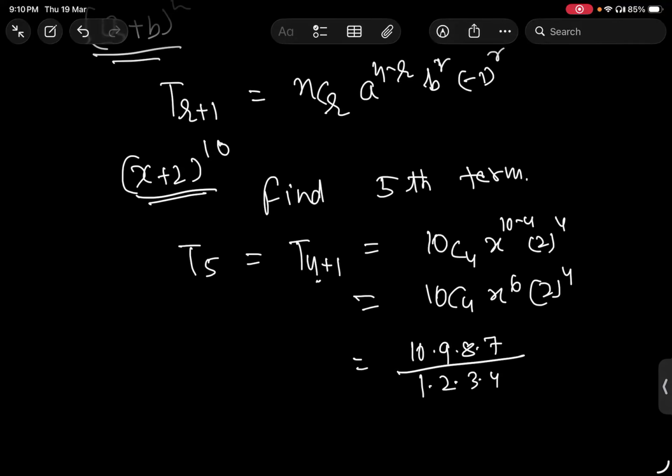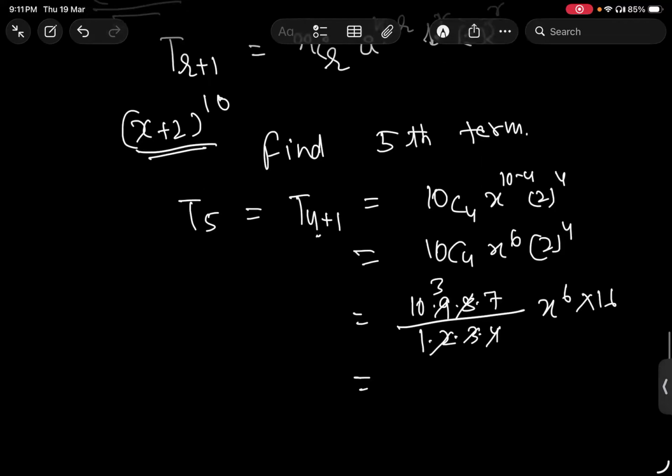This way, 4 twos are 8, 3 nines are 9, x to the power 6, and 2 to the power 4 is 16. So it becomes 7 threes are 21, into 10, 210 into 16, x to the power 6. This will be the fifth term.